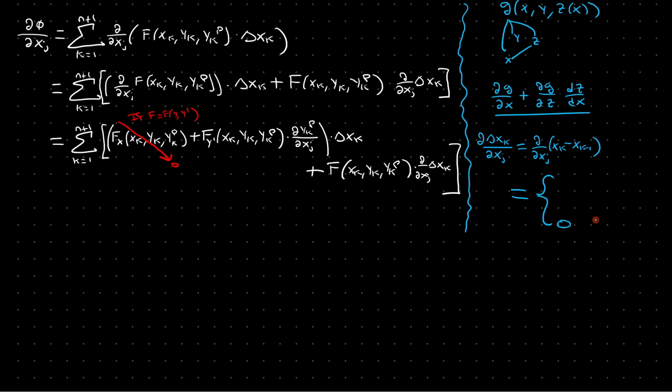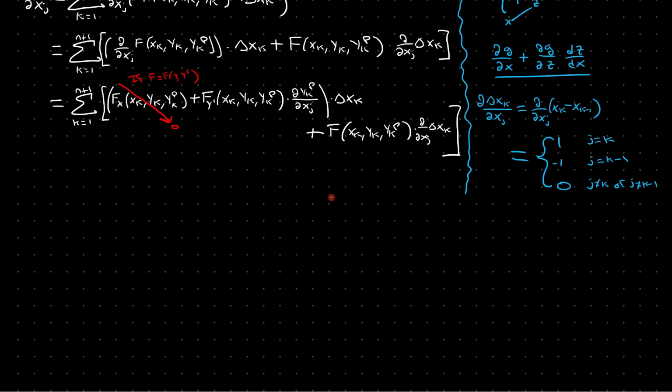It's 0 otherwise. If j is equal to k, it's 1, and it's negative 1 if j is equal to k minus 1. This is a very nice simplification. It means that this summation over all values of k really only reduces to two separate terms: one where j equals k and one where j equals k minus 1.